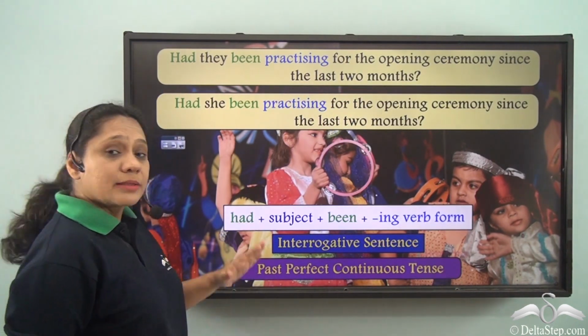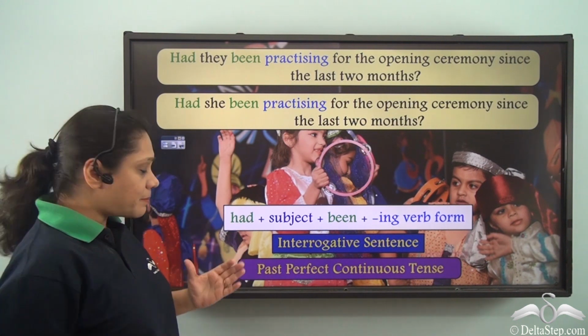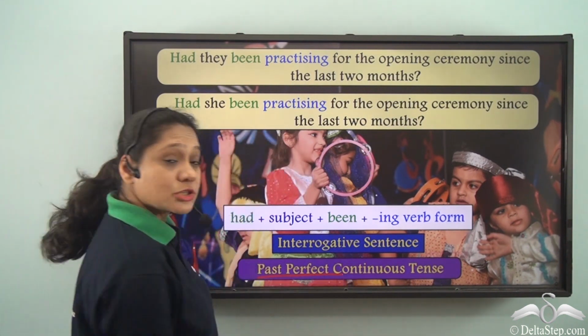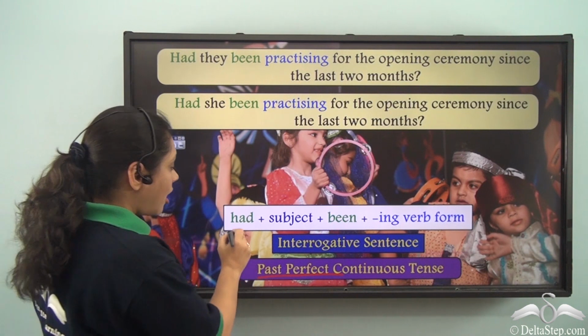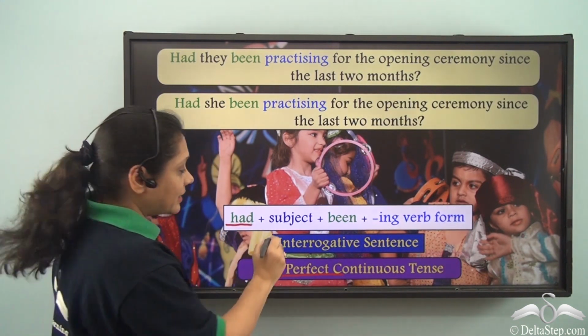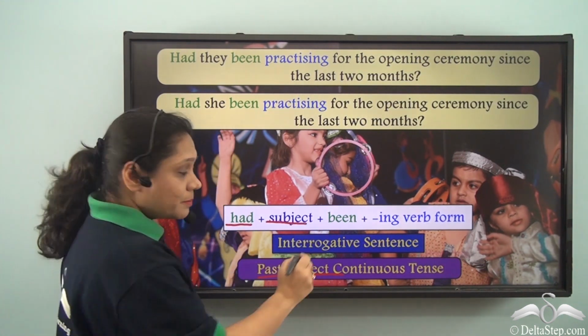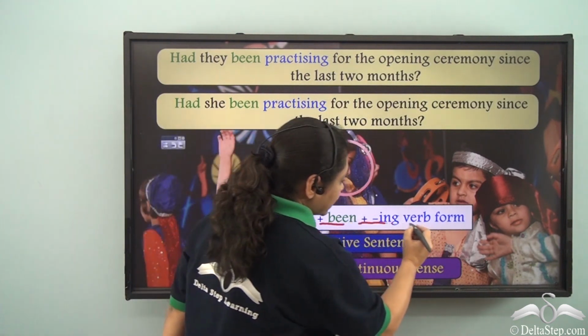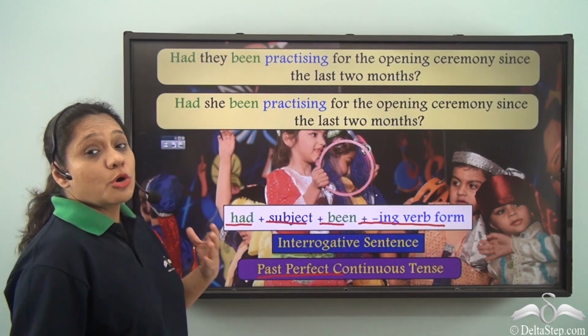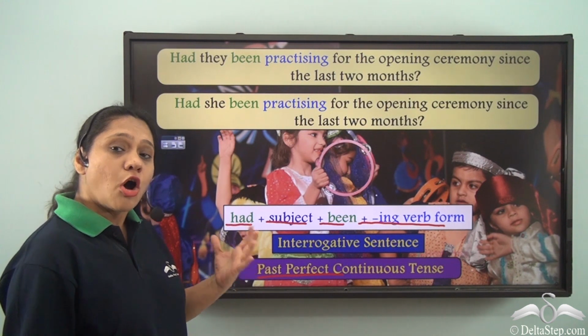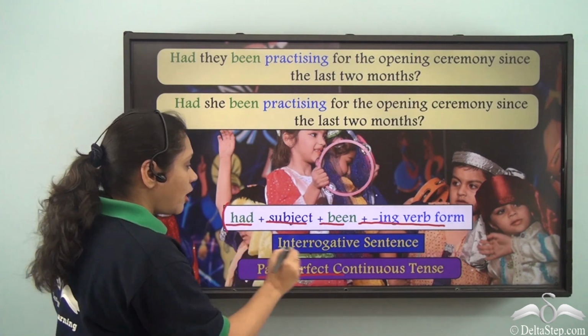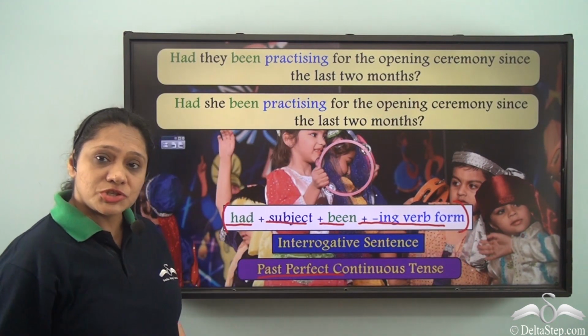So we see that the interrogative sentence portraying the past perfect continuous tense takes the form had, followed by the subject, followed by been, and then the ing verb form. So whether our subject is singular or plural, the form of the sentence does not change.